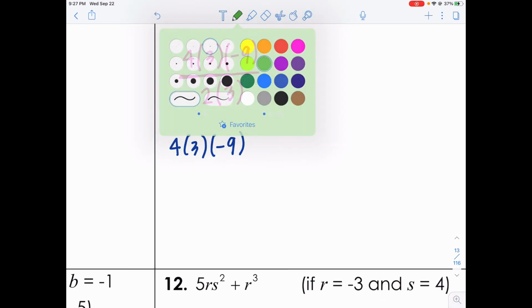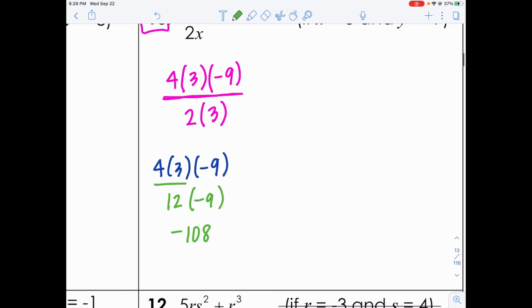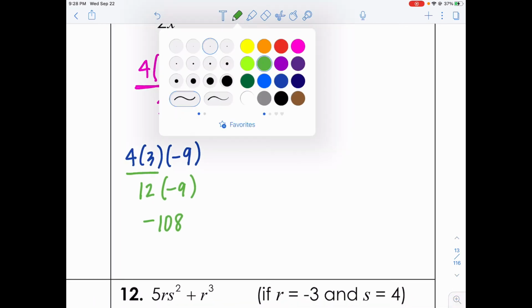So for this one, order of operations says I need to multiply first. 4 times 3 is 12, and 12 times a negative 9 gives me a negative 108. So that is the top completely simplified. So a negative 108 over, and now I'm going to simplify the bottom.